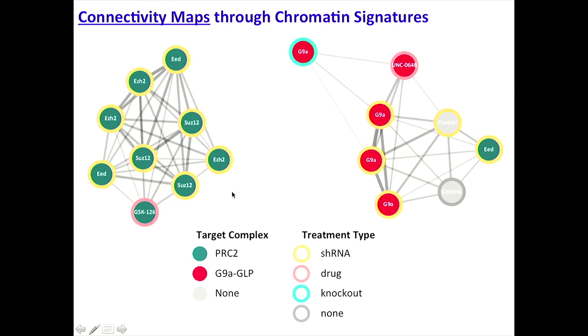And similarly, we can see in G9A, all of the G9A perturbations self-organized together. We can see that a drug that is targeted against G9A, in fact, organizes very close, and the knockout also self-organizes together with these perturbations. And so we can now put together on the same framework drugs, genetic mutants, and all sorts of perturbations, as you can imagine.